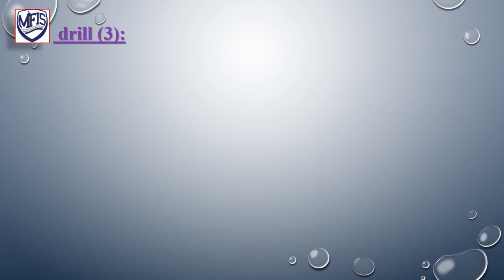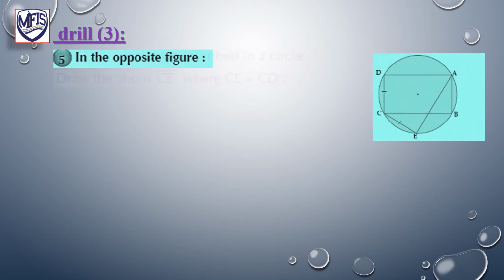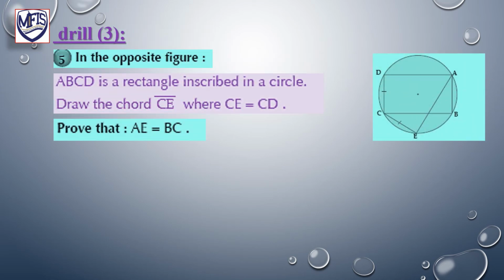Drill number 3. In the opposite figure, ABCD is a rectangle inscribed in a circle. What is the meaning of a rectangle inscribed in a circle? That means the circle passes through the 4 vertices of the rectangle, or the 4 vertices lie on the circle.